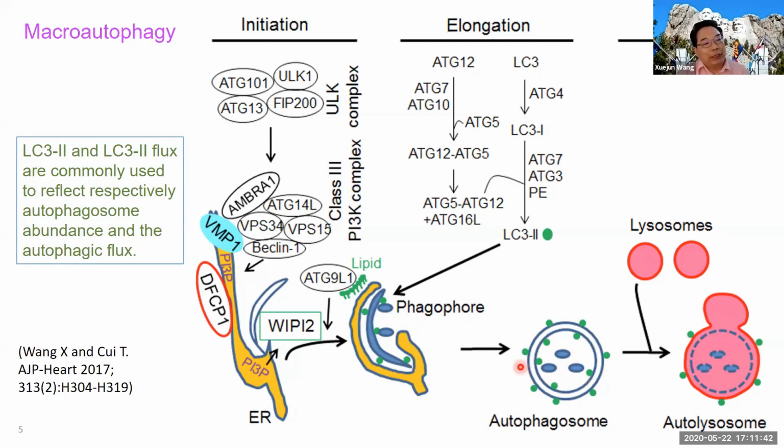Those in the inner membrane of the double membranes of the autophagosome will be degraded along with the autophagic cargoes. So LC3-II as well as the LC3-II flux, which you are going to hear a lot in the later part of my talk, are commonly used to reflect autophagosome abundance and autophagic flux, respectively.